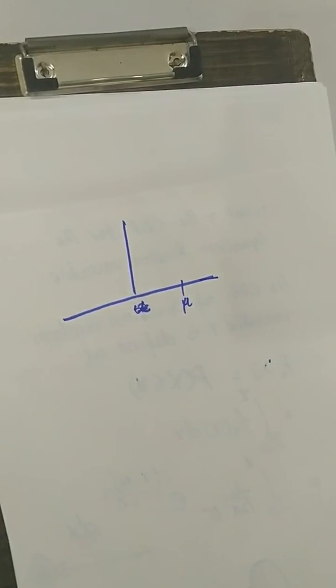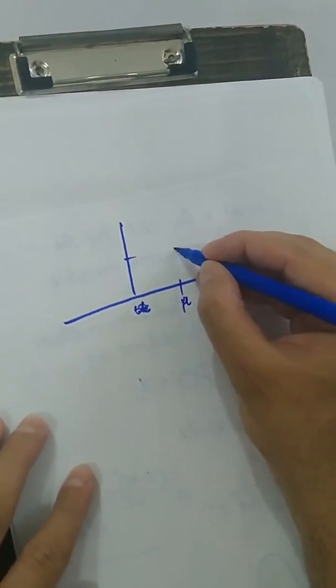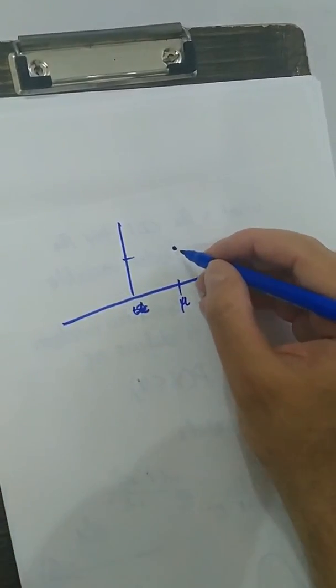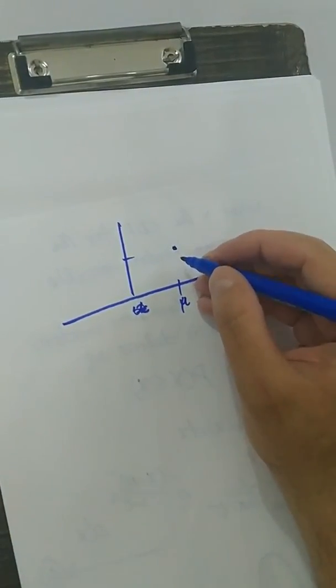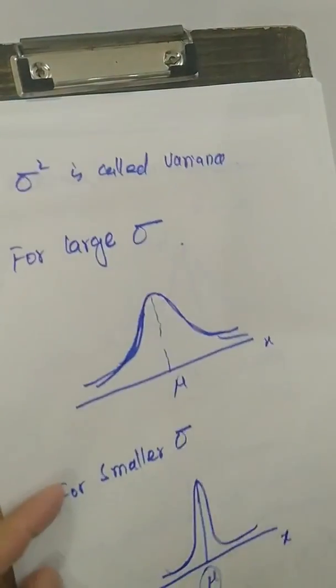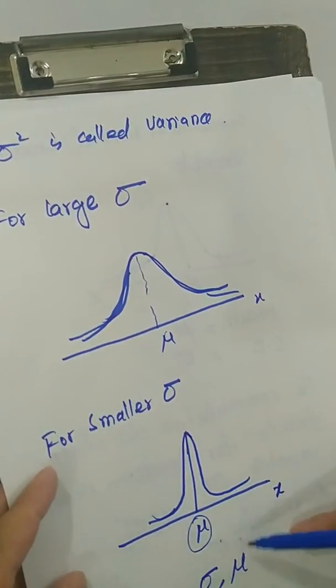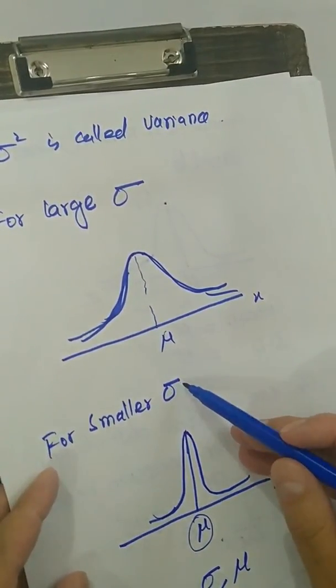As we know, half of the probability is at the mean value. So first let's take the distribution which has a small value of sigma.